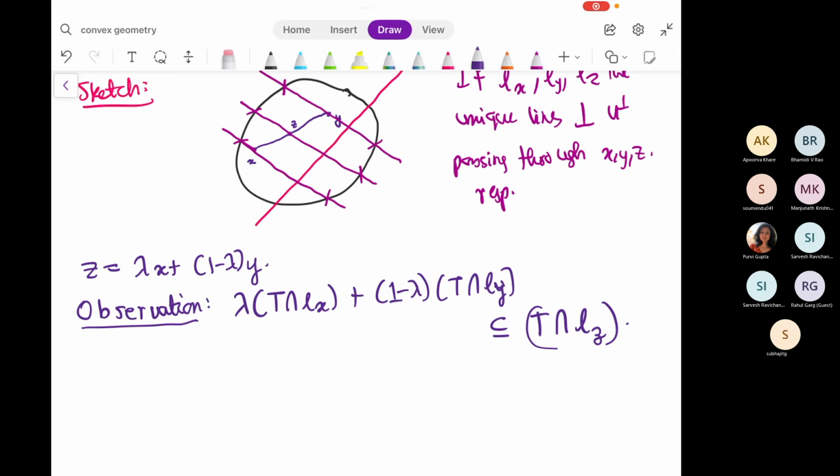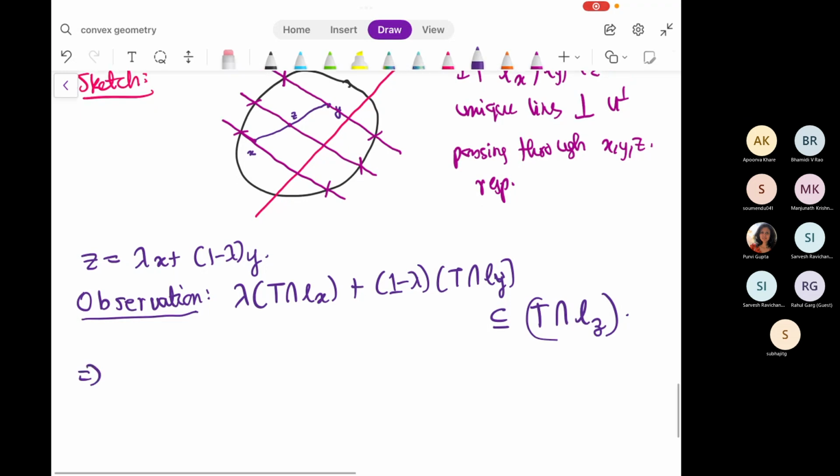And once I make this observation, I will assume that each of T intersection Lx, T intersection Ly, and T intersection Lz are one-dimensional sets and I'll apply the one-dimensional Brunn-Minkowski inequality. The one-dimensional Brunn-Minkowski inequality can be proved using the fact that if you have open sets, you can make them into countable unions of intervals, and therefore it's enough to study finite unions of intervals.